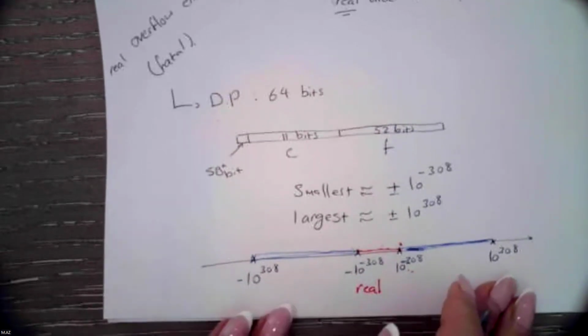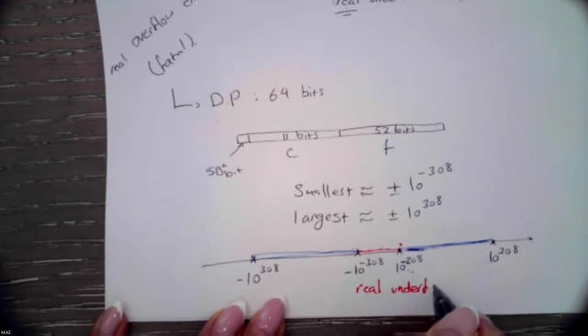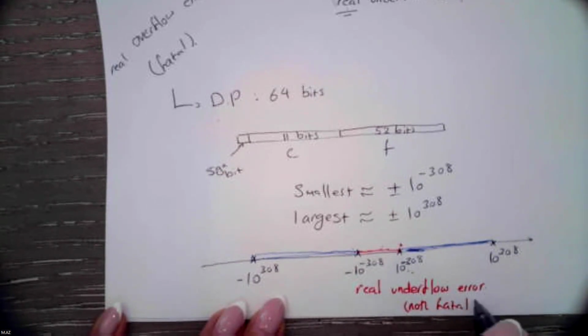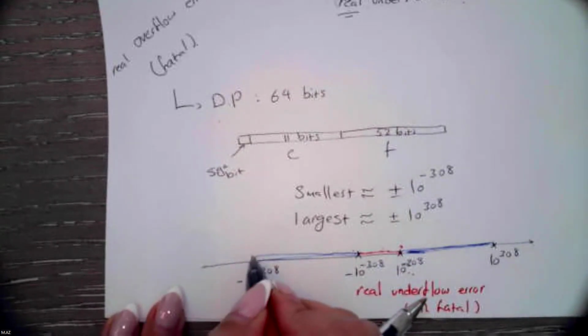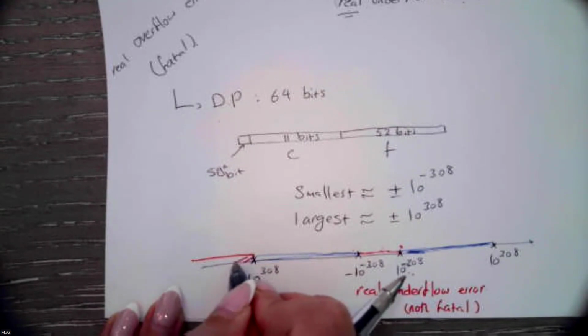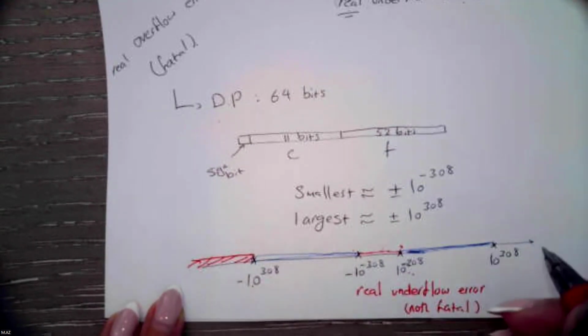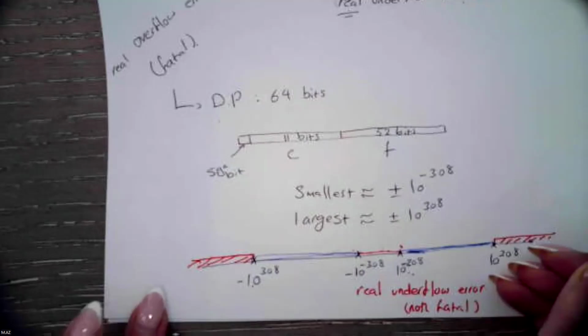Again, it's very important: the real underflow error is non-fatal. But if you are attempting to store any number larger than these two values, what happens?